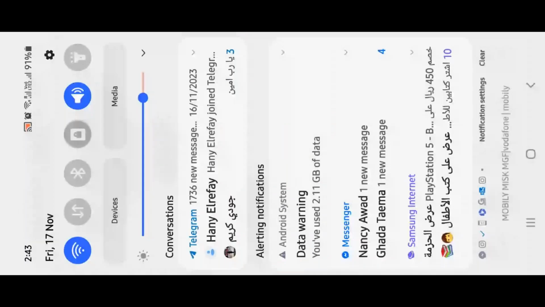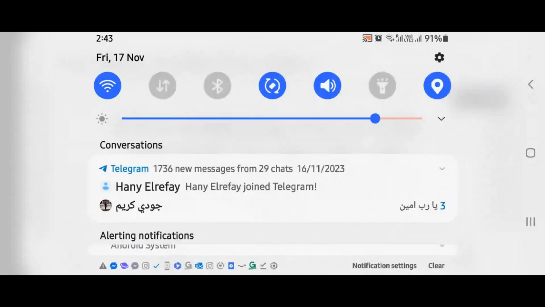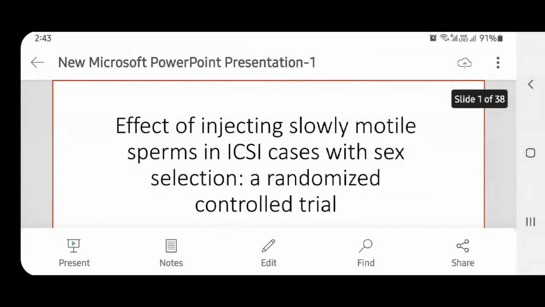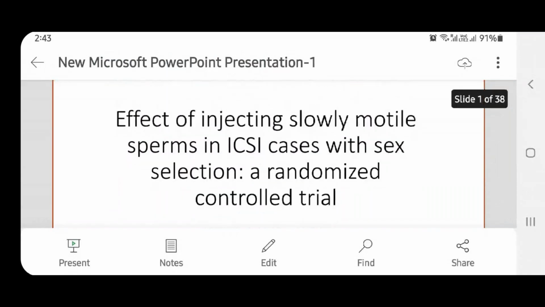Kindly make your mobile phone or your tab into landscape mode. Now open your PPT. Make it full screen, Dr. Susan. It is visible. Make it full screen.